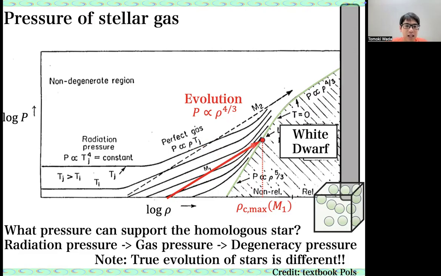And at this point, the evolution line encounters this degeneracy line. At this point, you cannot enter this region and cannot go beyond this point. It just stops here. And at this point, the gas sphere is supported by electron degeneracy pressure. And this star is called a white dwarf.